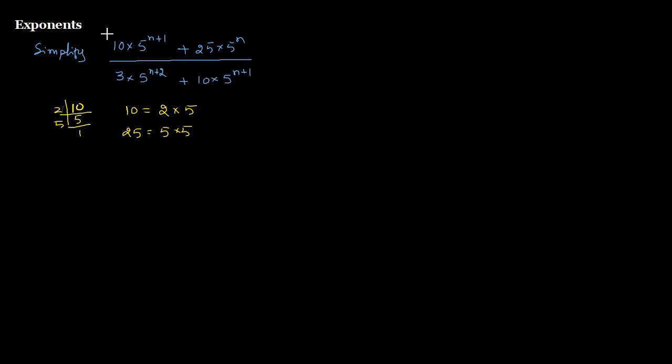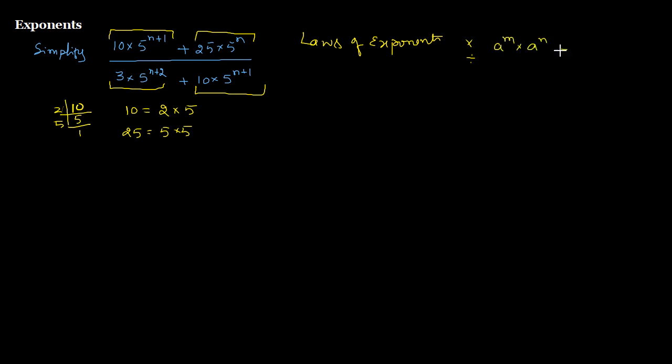So here, as you can see, numerator and denominator have two terms. That's one term, and one term. So most of the laws of exponents, all of the laws of exponents, they have only product and division, which is a to the power m into a to the power n equals a to the power m plus n.